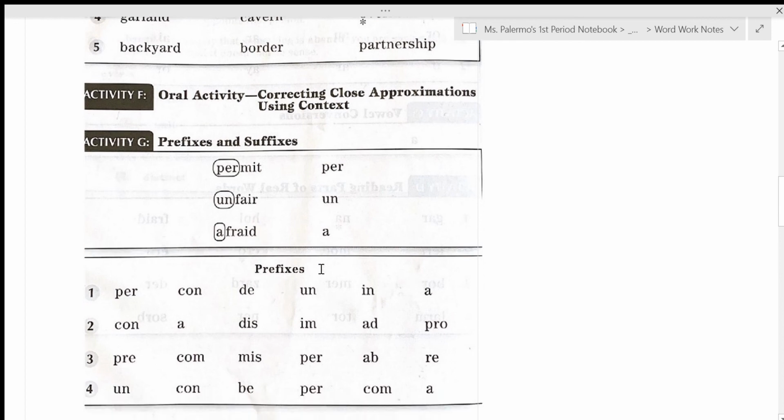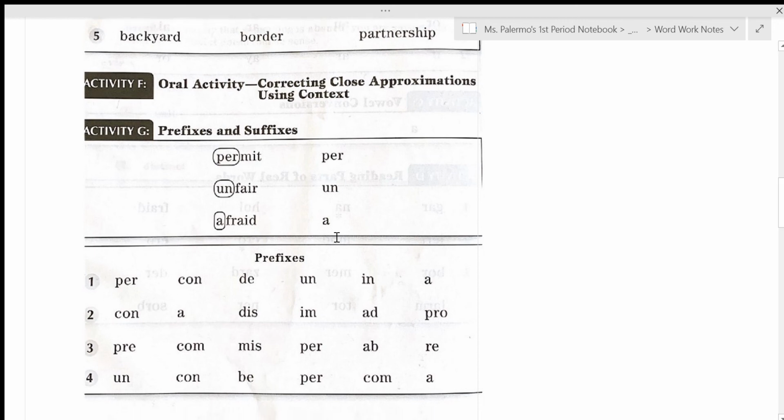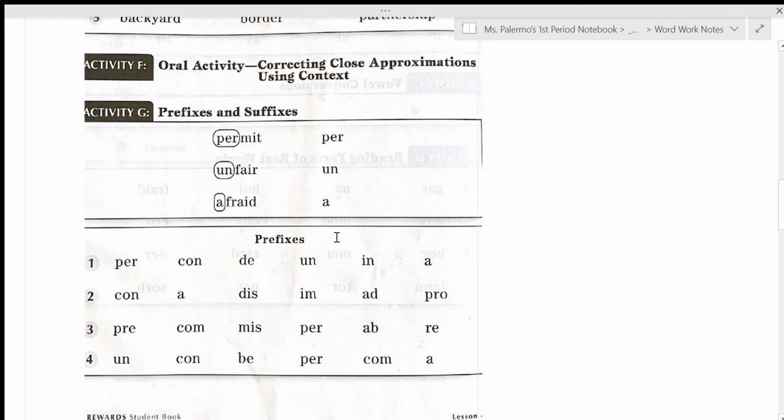Find the second column. Read the prefixes. What prefix? Per. What prefix? Un. Oh, all right, we already read that. Sorry guys, got a little mixed up.